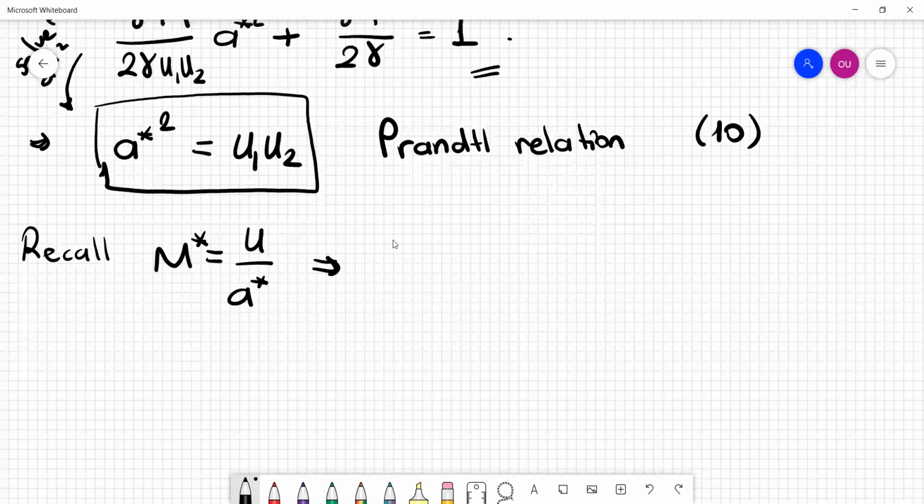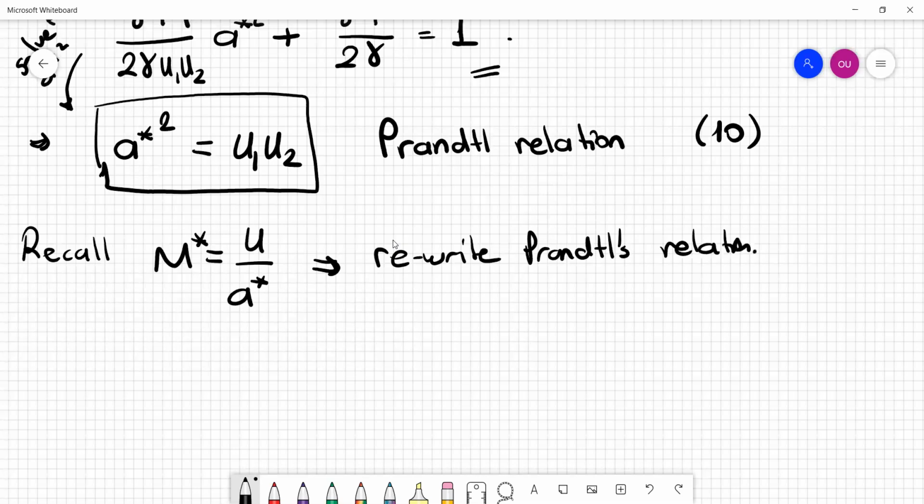Let's make use of this relation now in the Prandtl relation. How? For example, I can rewrite Prandtl's relation using this definition. I can divide both sides by A star square.